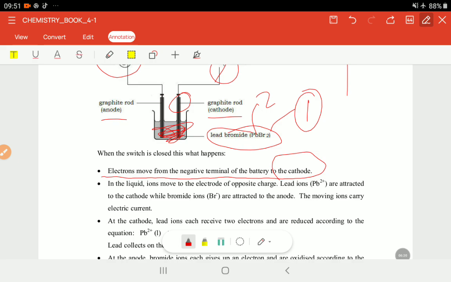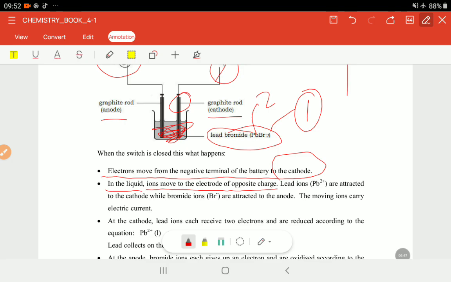Current is passing through the electrolyte, and because of that electrolysis will be happening. Lysis of the ionic compound which is in molten form will be happening. The decomposition, the splitting will be happening. So in that molten form, the ions move to the electrode of the opposite charge.